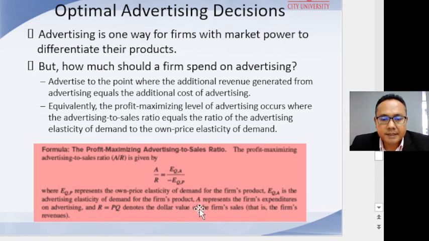A represents the firm's expenditure on advertising. R equals PQ, which denotes the value of the firm's sales, that is, the firm's revenue: product price times quantity.